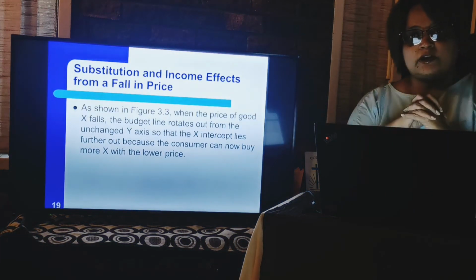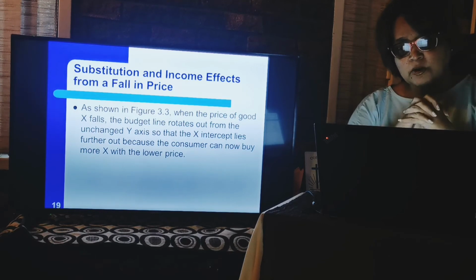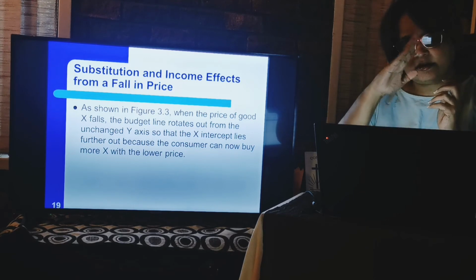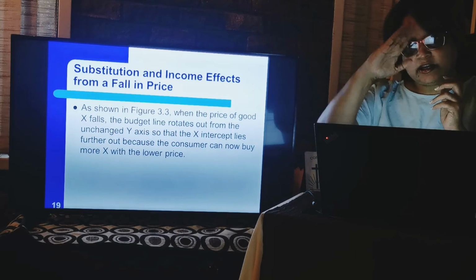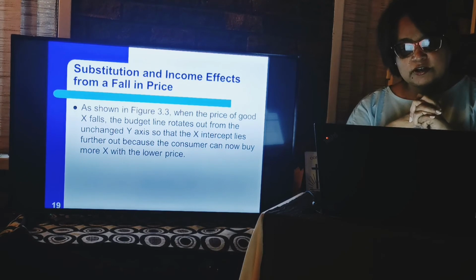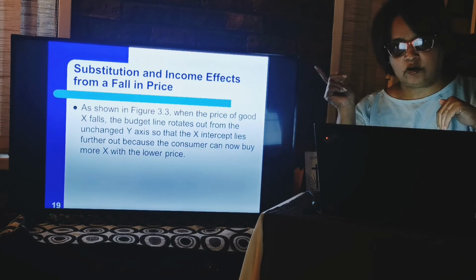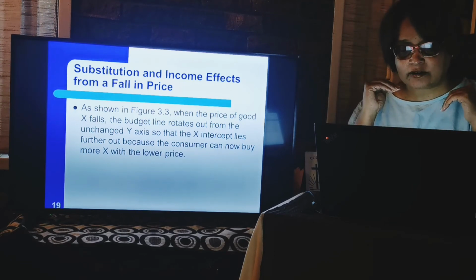Now, the first one is if there's a fall in price. The following figure will show what happens if the price of good X falls. The budget line rotates because there's an unchanged Y axis. Because if X drops, you're going to buy more of X and not of the other, the substitution effect.